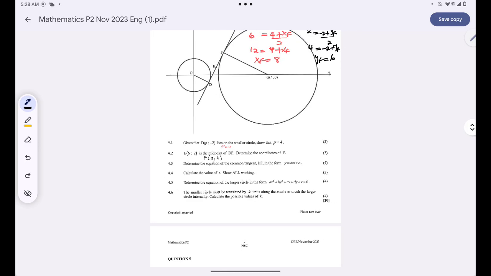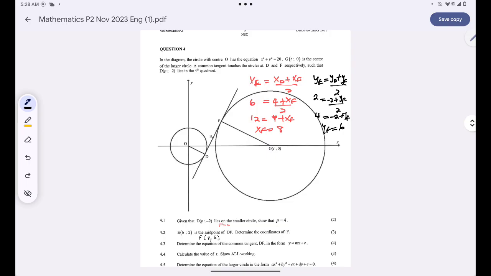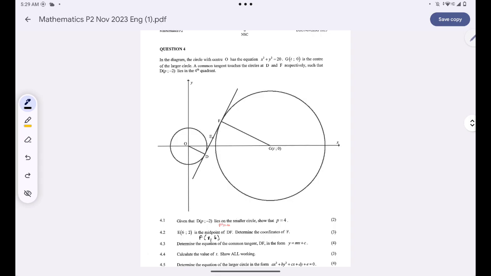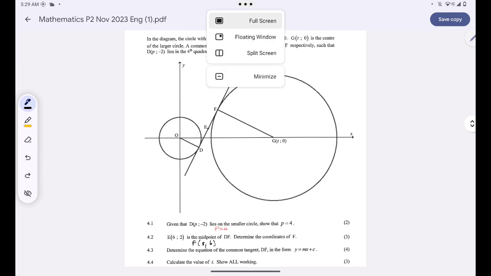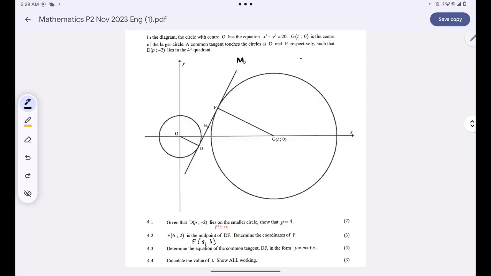Okay, and then now I must determine the equation of the common tangent DF in the form of y is equal to mx plus c. I actually have 3 coordinates. I have the coordinates of F, the coordinates of E, and the coordinates of D. Are you together? I can just find the gradient and then find the equation of the line. So for the gradient of line DE is equal to y2 minus y1 over x2 minus x1.